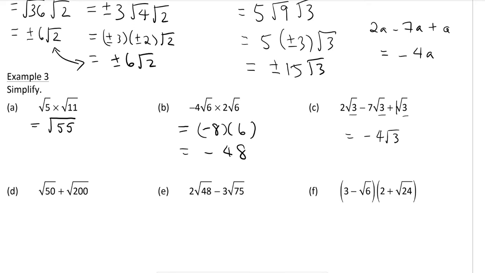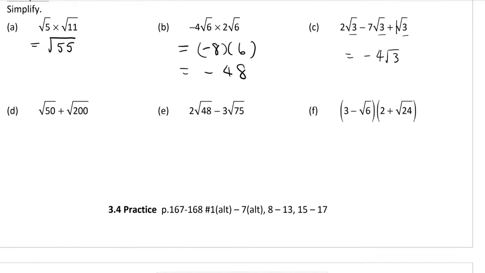Now, part D: I'm going to try to add the square root of 50 plus the square root of 200. Now, these are clearly not like terms, okay? So we can't really do that. But what if we can break down these individual radicals into something more simplified, and hopefully that can combine into something?